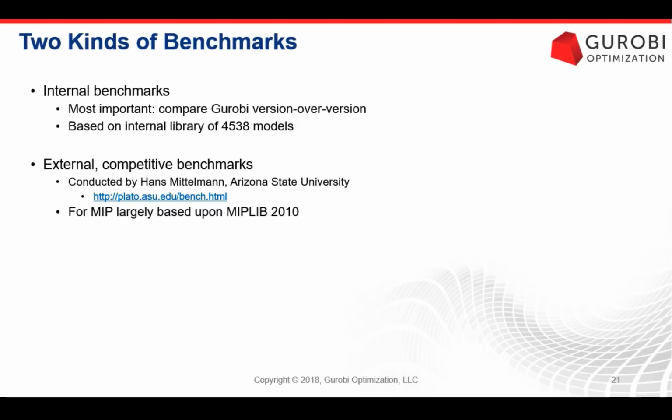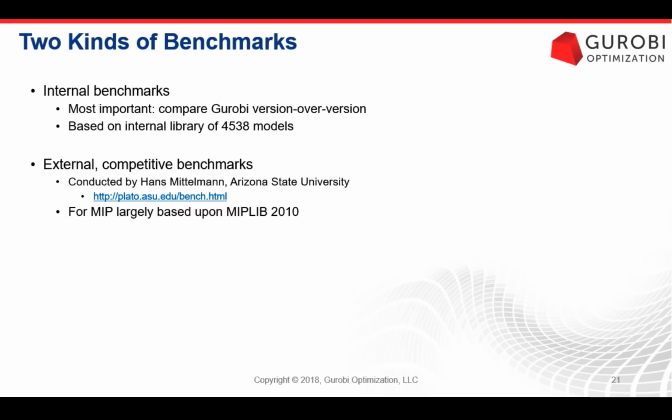In the case of internal benchmarks, what we're doing is comparing one version of Gurobi to another version of Gurobi. The intent is to make sure that we're heading in the right direction. Make sure that when we make a change to the product, it actually improves performance. So our internal benchmark is done on a set of models that we've collected over the years. These are academic models, public domain models, customer models.